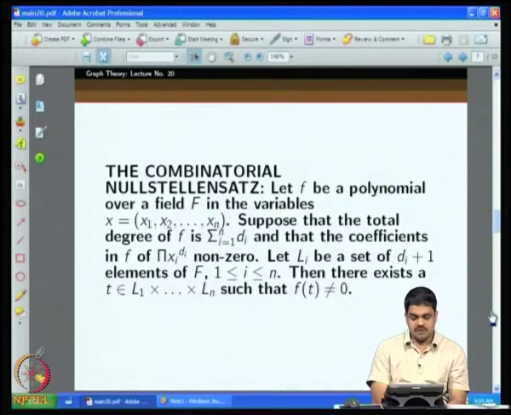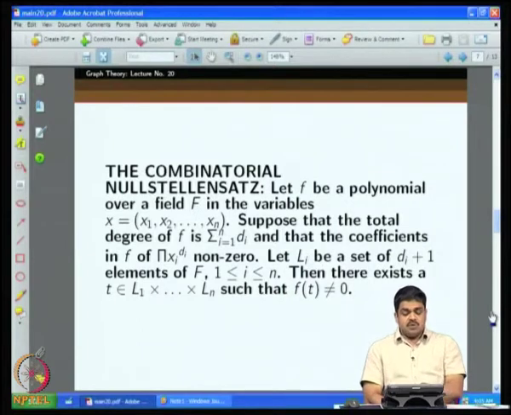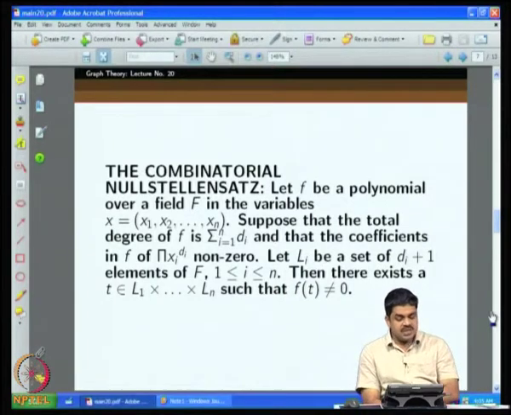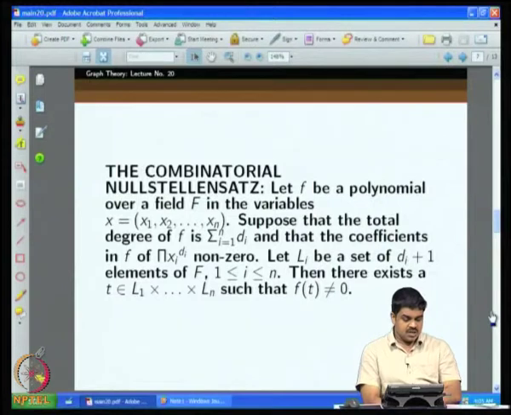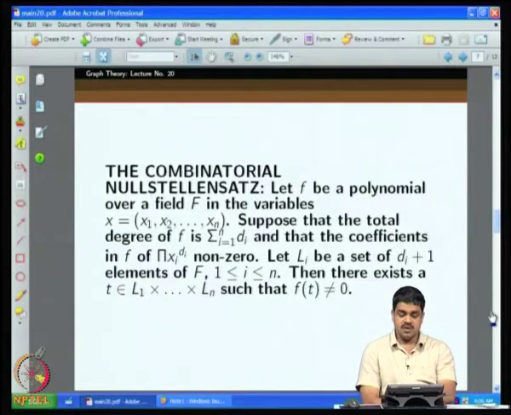The xi is a variable, and it has a list of values allowed for it, and its cardinality is di plus 1. Now, compared to the earlier statement, here xi may have a degree greater than di, but the total degree will remain the same: the sum over i equal to 1 to n of di.